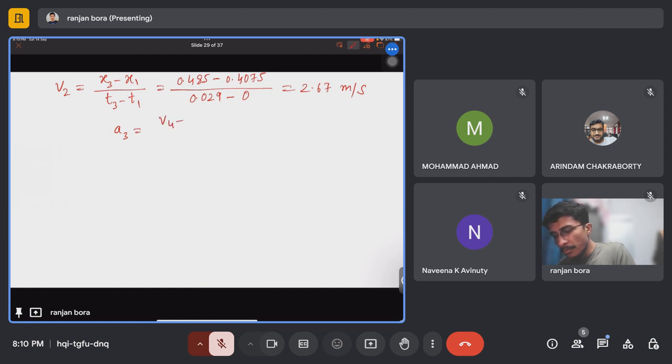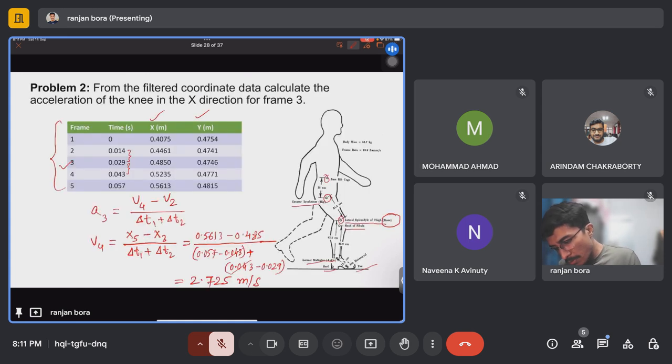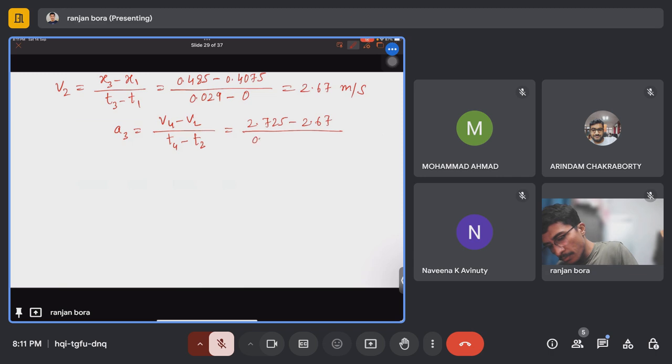A3 will be V4 minus V2, and we can also write it as T4 minus T2, with V4 as 2.725 and T4 as 0.043. It is 1.81 meter per second square.